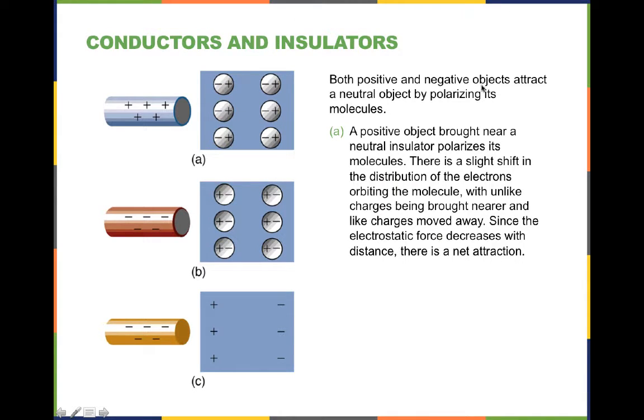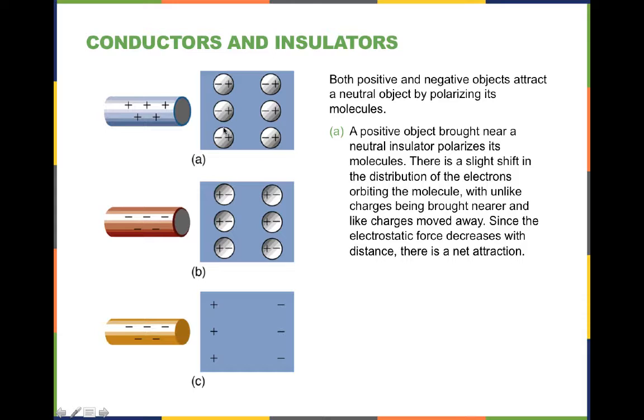Both positive and negative charges are attracted by a neutral object. When you put positives or negatives close to a neutral object, because they're close, they polarize the molecules in that substance. Here, a positive rod is brought near a neutral insulator, and this polarizes the molecules within the insulator.